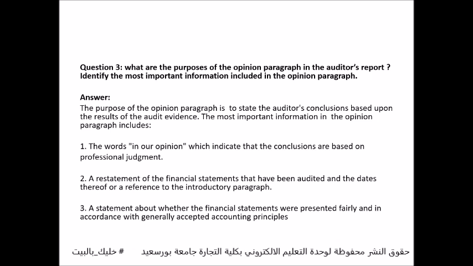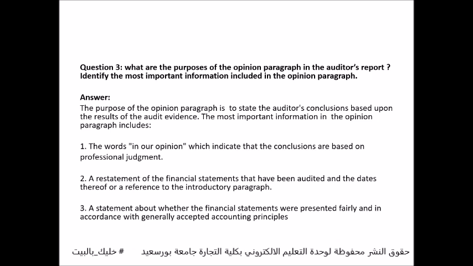The most important information in the opinion paragraph includes: number 1, the words "in our opinion," which indicate that the conclusions are based on professional judgment and not a guarantee.